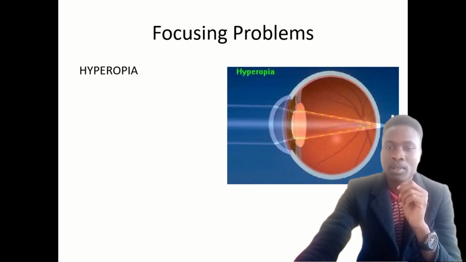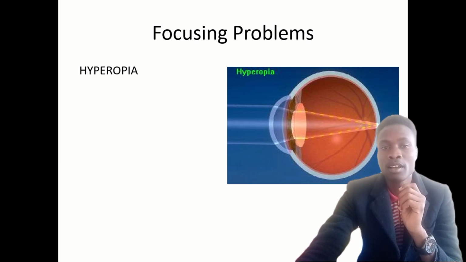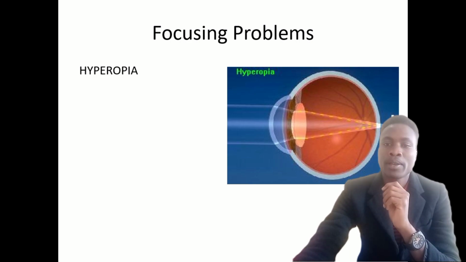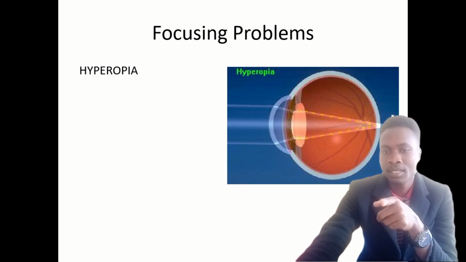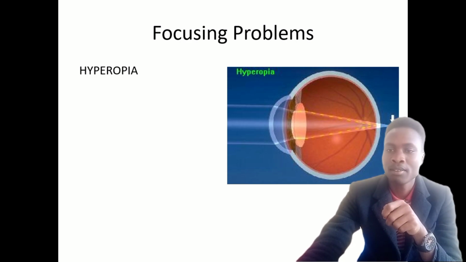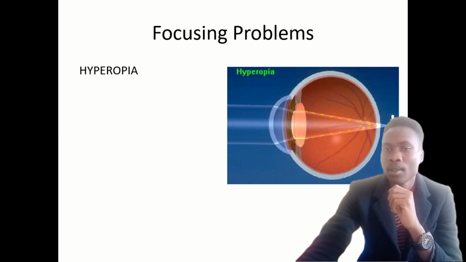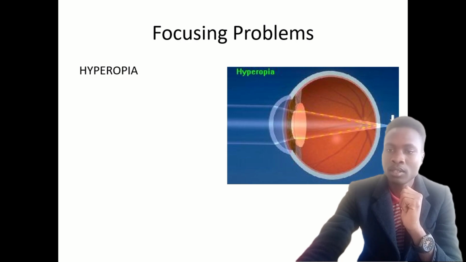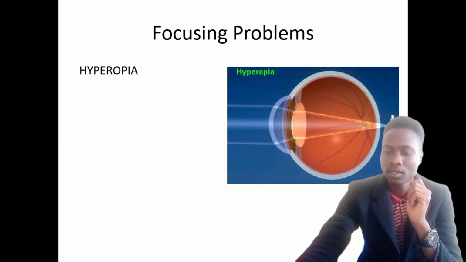Okay, focusing problems. These are the human eye defects. We have hyperopia. As you can see, the image of an object that you are seeing is not produced where the image should be produced, but it is produced at the far end.